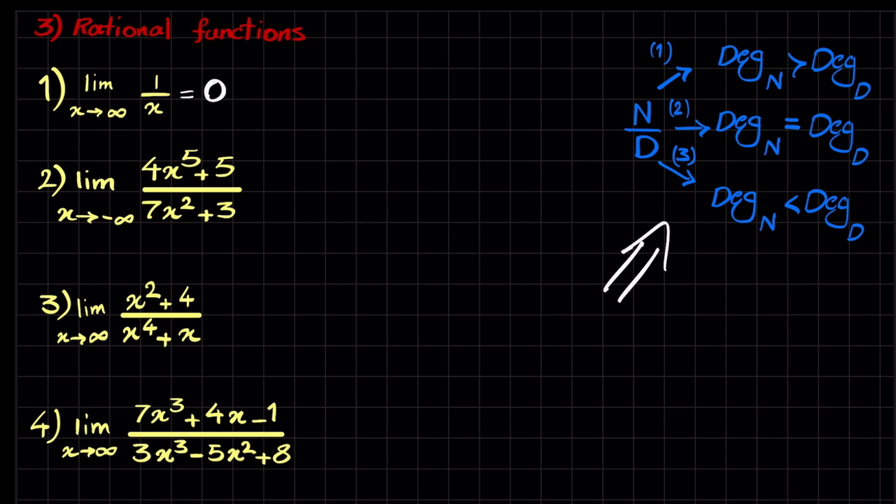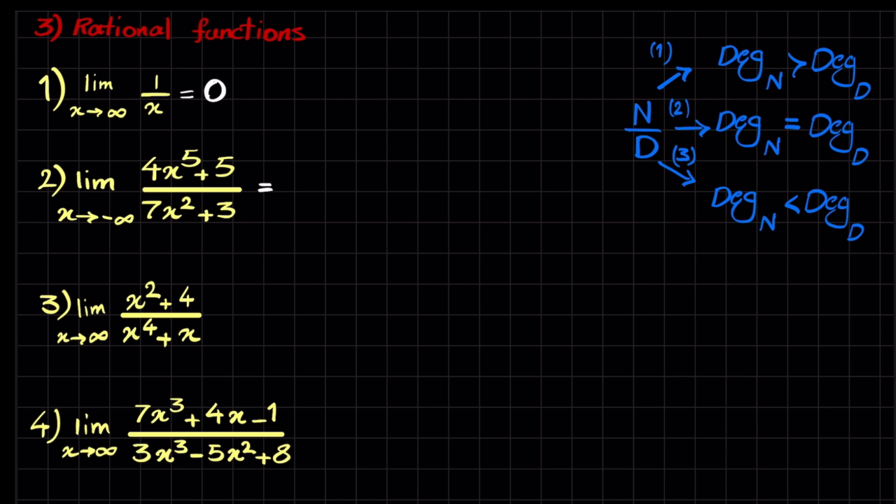Before we solve the next three, let's take a look at this. We have 3 types of fractions in terms of degrees. One is where the numerator is bigger than the denominator. The other is when they're equal. And the last one is where the denominator degree is higher than the numerator. For this one, notice this is a top-heavy function, which means the numerator is higher in terms of degree than the denominator.